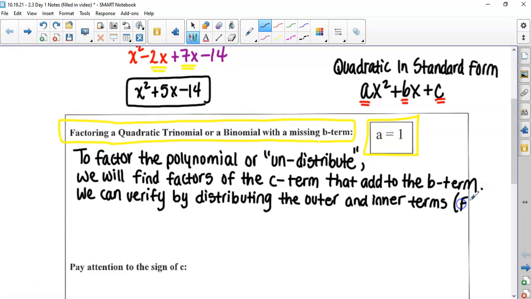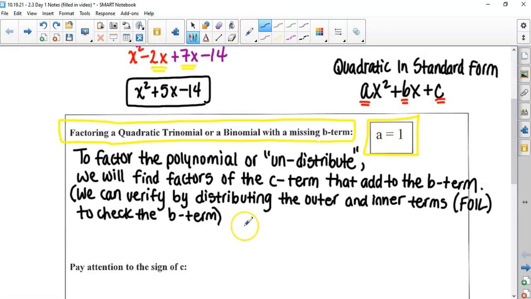Remember that concept of FOIL, first, outer, inner, last. That's that idea of doing what we're talking about right here, to check the b term. I'm going to put that last sentence in parentheses. It's an optional step, that verifying step.